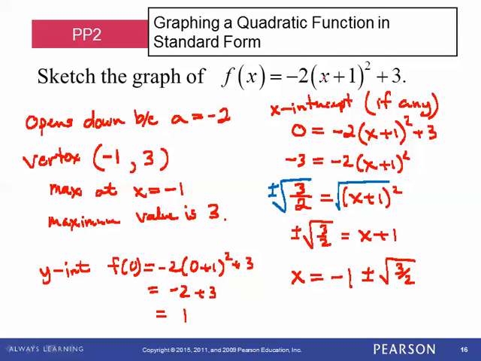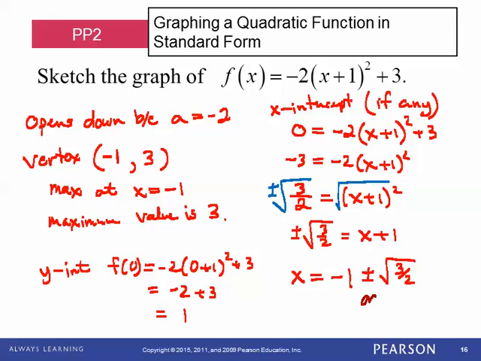Alright, some students actually multiply all this out. They'll FOIL this out, multiply through by negative 2, add 3, and then they'll do the quadratic formula. It's the long way about it, but you'll still get the same answer. Any which way, if you plug in the quadratic formula, you'll still get that answer right there.